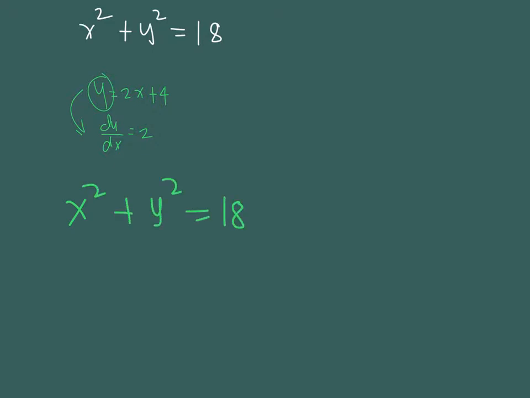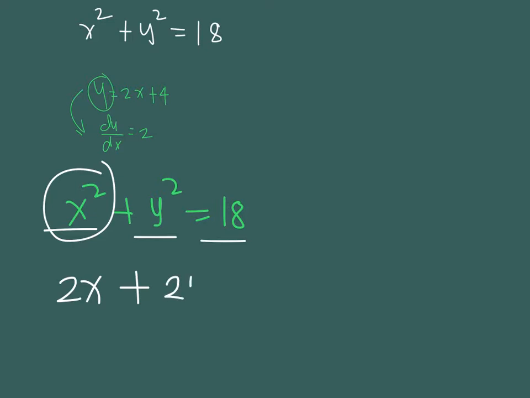So here is what we can do. For all the x's, differentiate as normal. What is the derivative of x squared? 2x. For the case of the y, differentiate as if it is a normal x, so y squared will be 2y, and then apply the chain rule.